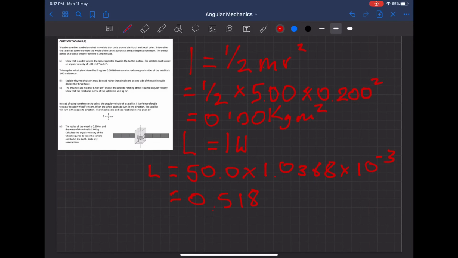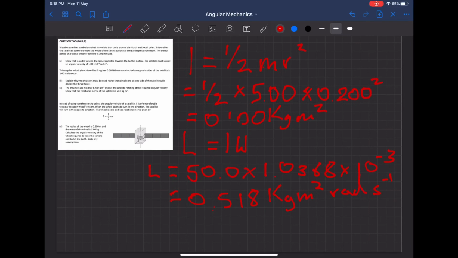We do multiplication here, so our units add together: kilogram meters squared, radians per second. Okay, and that is our angular momentum.